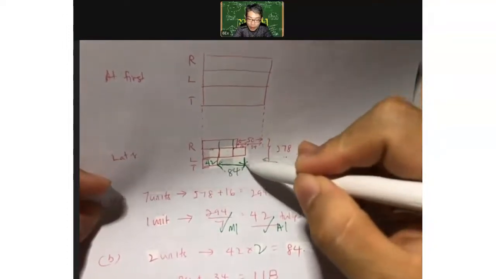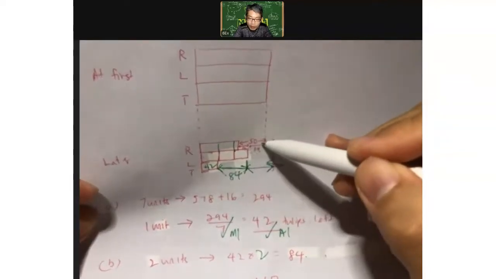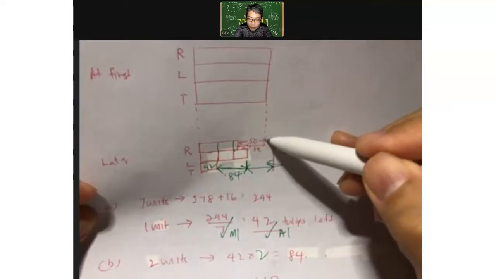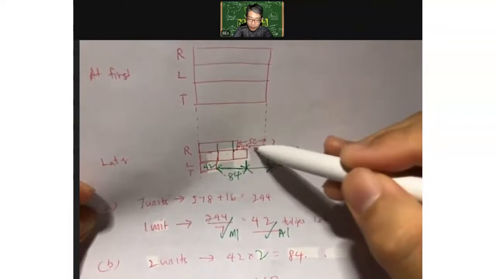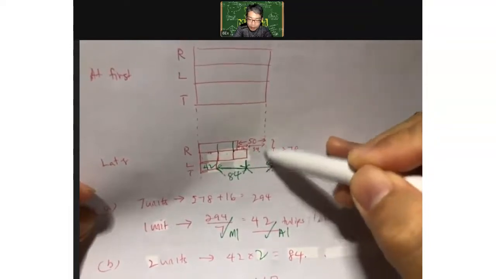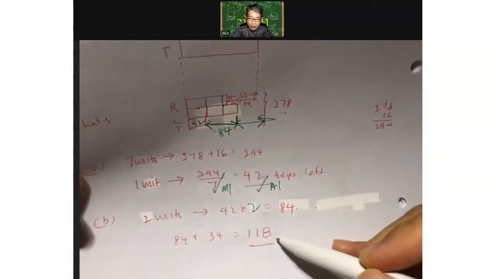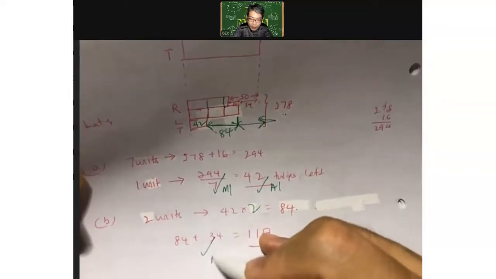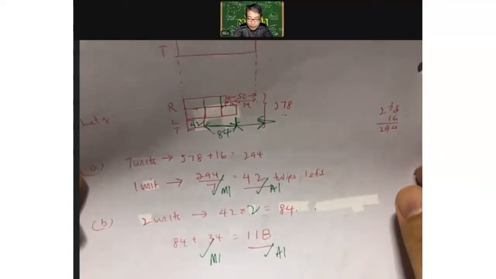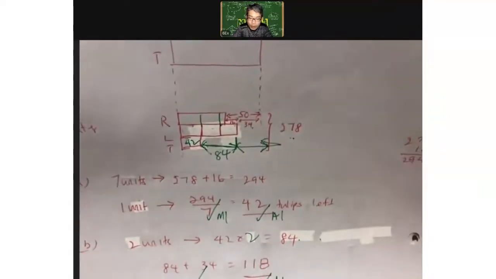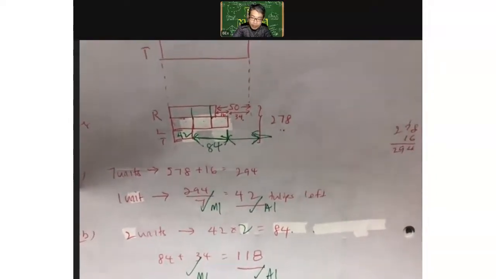I know that this part here is 34. How do I know? 50 minus 16 is 34. Remember, 50 roses, and the roses are fewer than the lilies by 16. So now this gap here is 34. So I add these two numbers together. I get my 118 tulips were sold. 1 mark, 1 mark. Now, of course, you can also find it in a different way, but I think this way is straightforward enough. Let's move on to the next question.